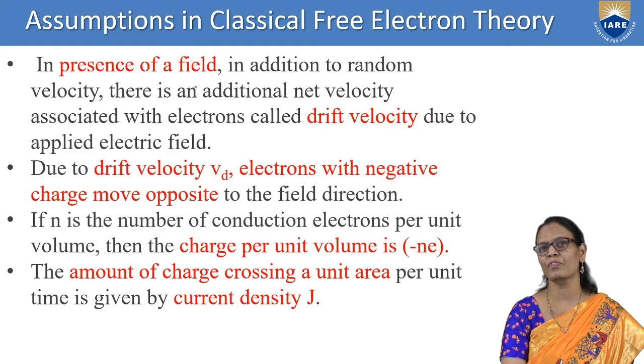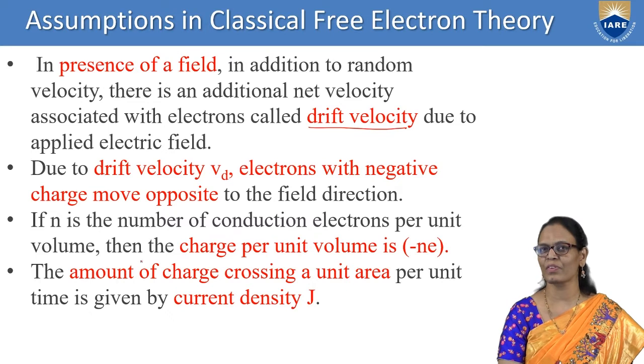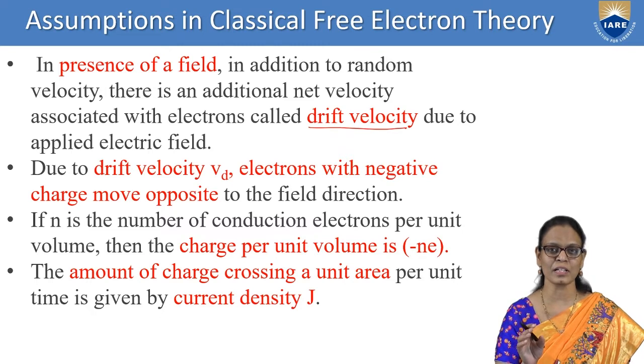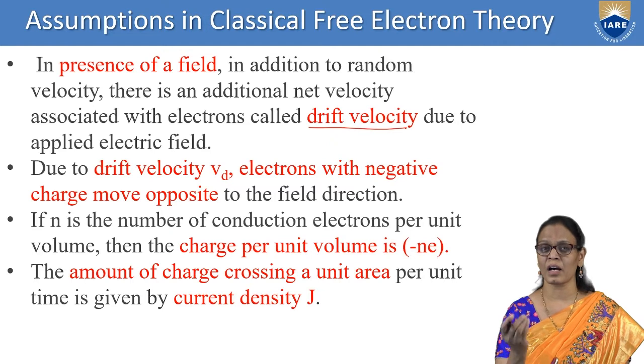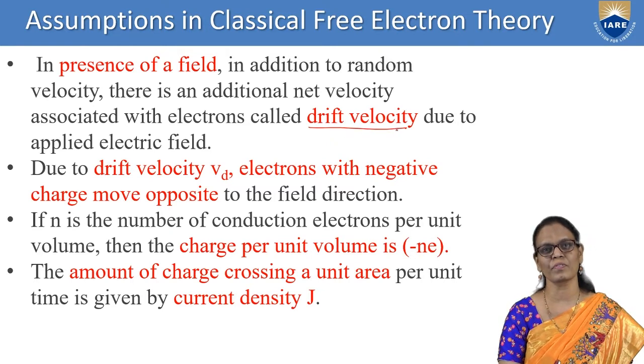In the presence of a field, in addition to the random velocity, there is an additional net velocity associated with the electrons, which we call drift velocity. We have seen that electrons move in random directions with random velocity. On application of an electric field, they get one more velocity, which we call the drift velocity.